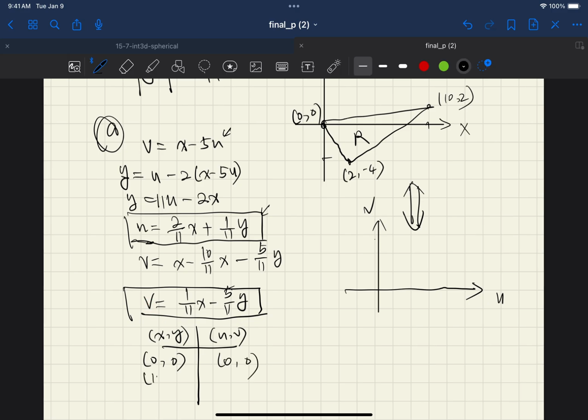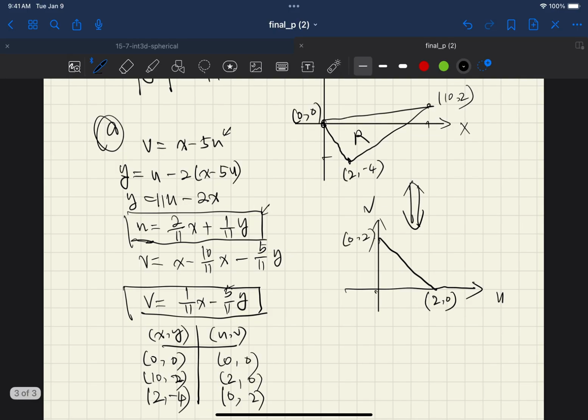And if you put in 10, 2, put them together, u is 2. And you can do the calculation by yourself. So 2, negative 4, it should be 0. So this is basically 2, 0, 0, 2 and 0, 0.